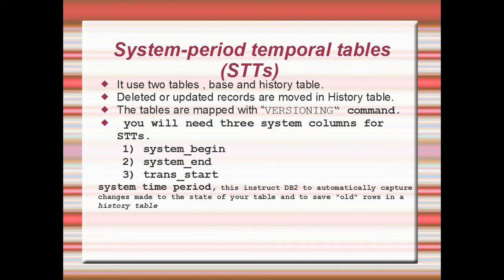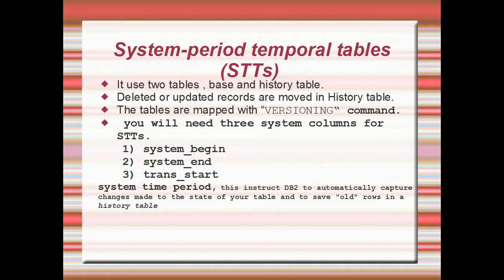In system period temporal tables, we need to have two tables, one base table and one history table. The base table is the table in which your application is using data. So in the base table you have live data.